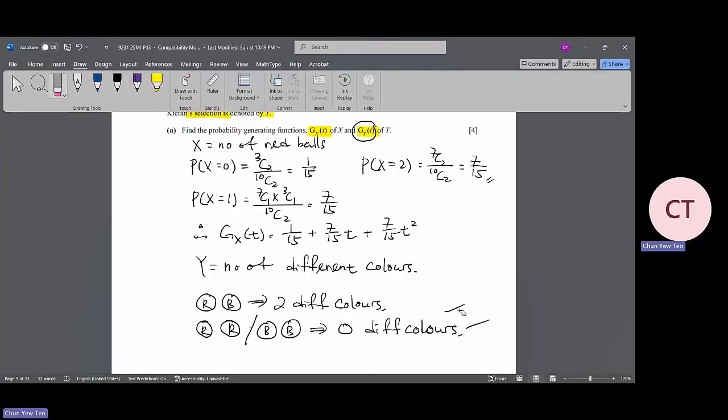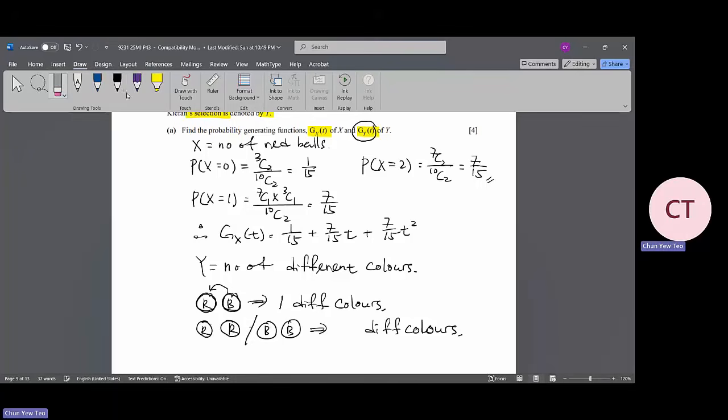Of course, we do have different opinions. Some will say that if this is two different colors, then by right this one should be considered as one different color. Some people will think that this should be considered as having one color that is different. Okay. So if you say that one color is different, why not say that this is one color different over here? Because if you have one red and there's one color here that is different from the red, you say that this is one different color.